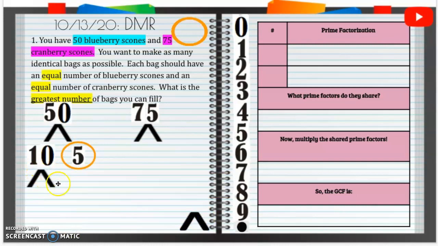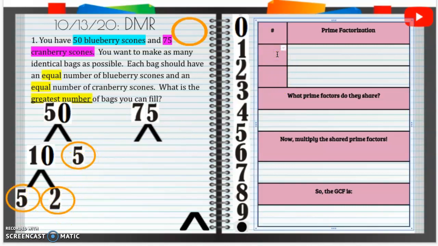What times what equals 10? 5 times 2, not 5 times 5, but 5 times 2. Is 5 a prime number? Yeah, again, 5 is a prime number. It always will be because the only two factors are 1 and itself. Same thing with the 2. All right, now we don't have any more branches to go. It is stopped. We circled all the prime numbers.